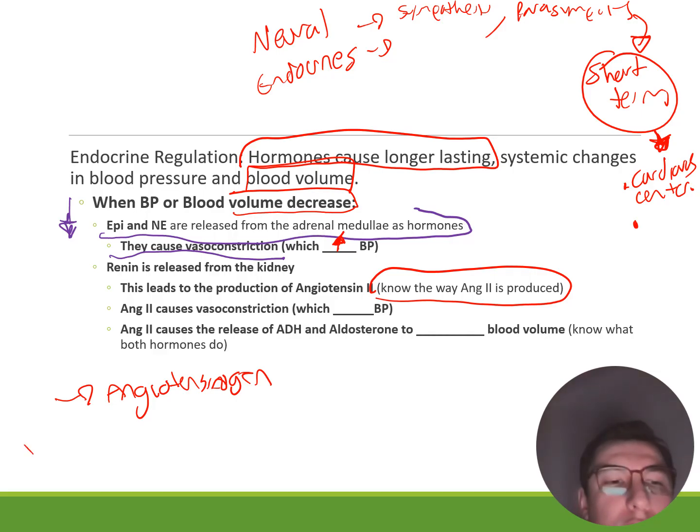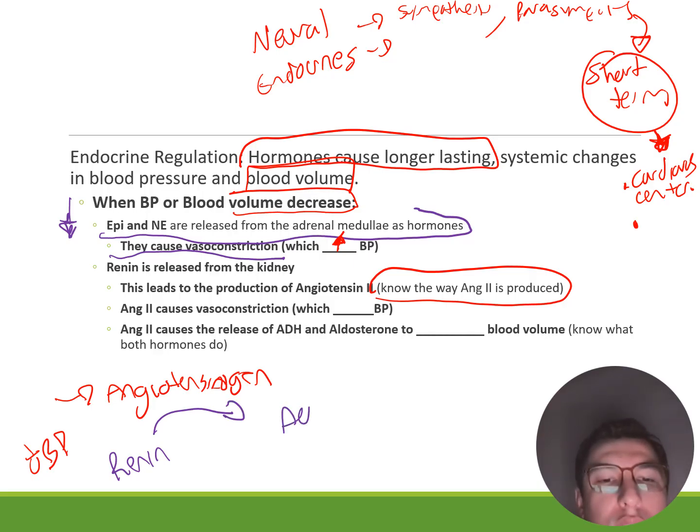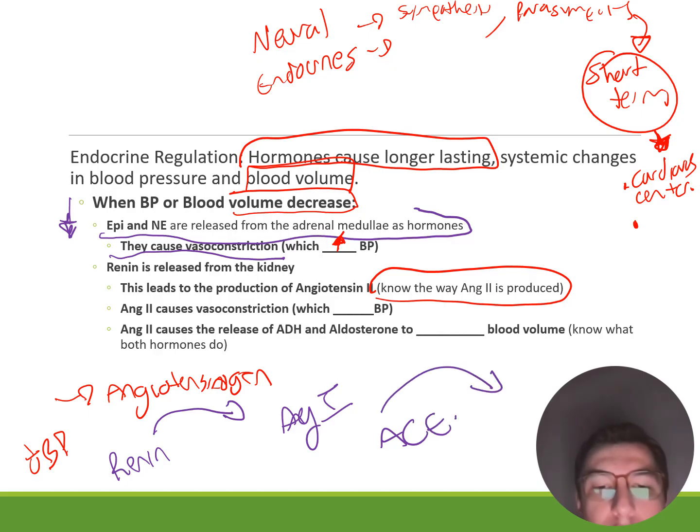When there is a decrease in your blood pressure, the kidneys release renin, and renin then goes on to convert angiotensinogen into angiotensin 1. Angiotensin 1 then goes on to be converted by angiotensin converting enzyme, short for ACE, into angiotensin 2.